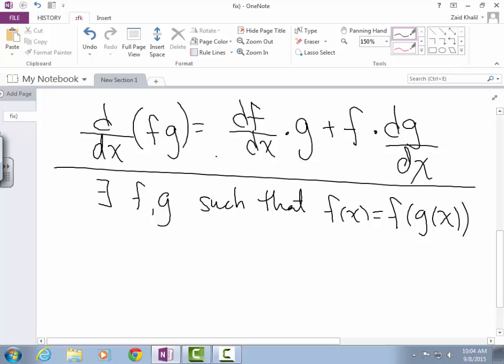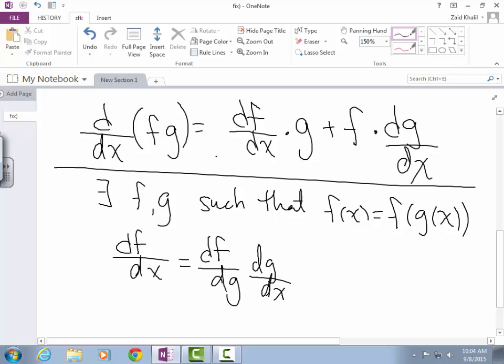And then what the chain rule basically says is that df/dx is equal to df/dg times dg/dx. And this proof is actually pretty nuanced. You need to actually prove another theorem called Carathéodory's theorem, something like that.